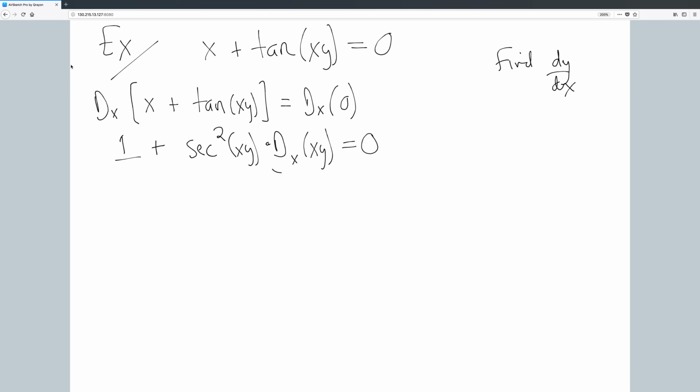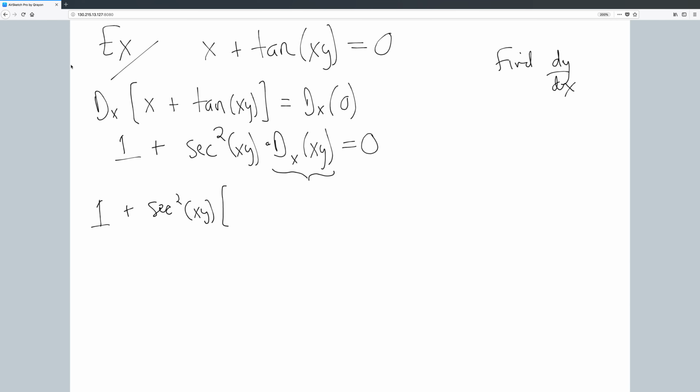And so now we have this derivative of xy to deal with. So this becomes 1 plus secant squared xy. And as in the earlier example, we now have a product rule question.